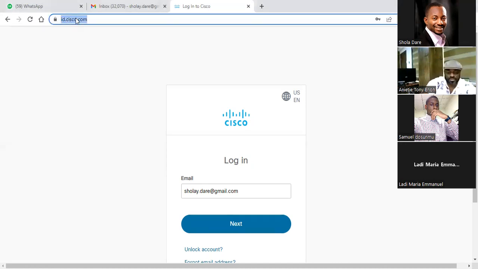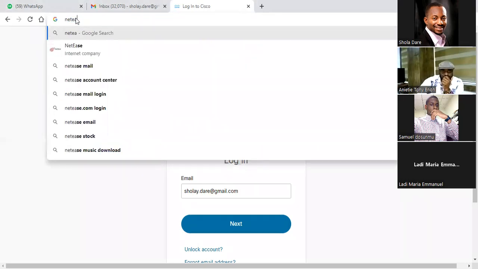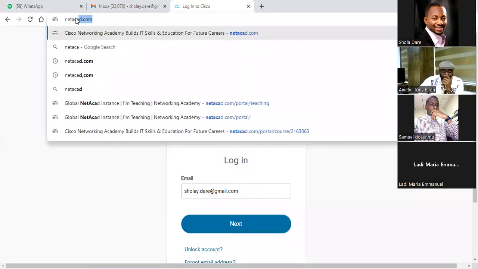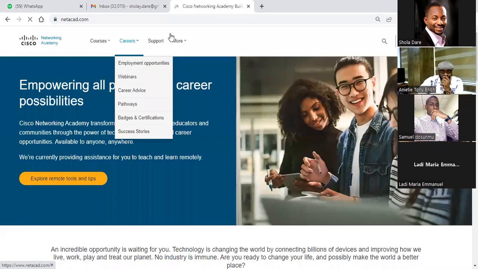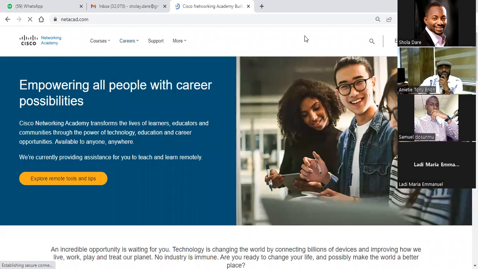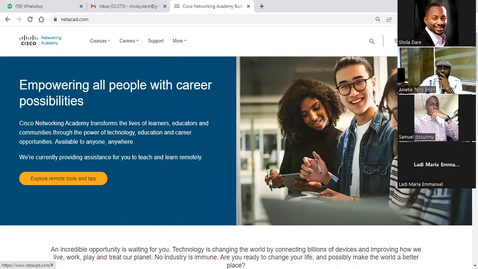You type in netacad.com. Now, when you type netacad, it brings you to an environment like this. When it brings you to this environment, you click on login.